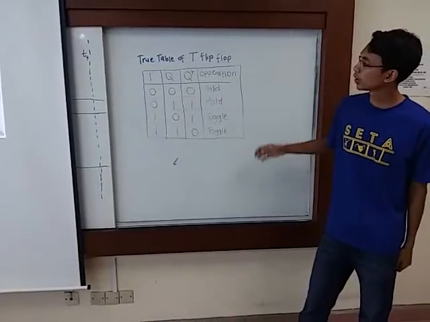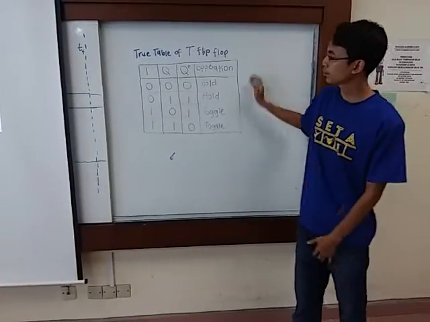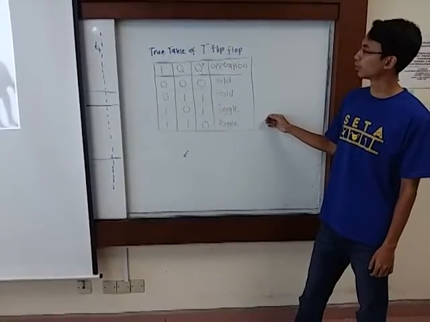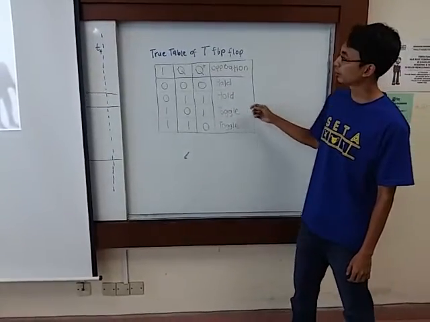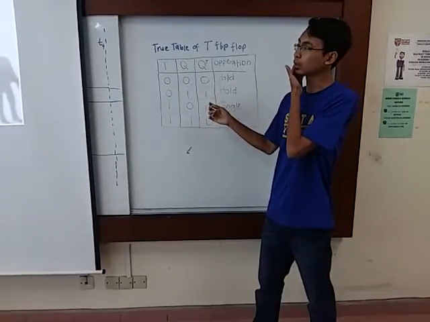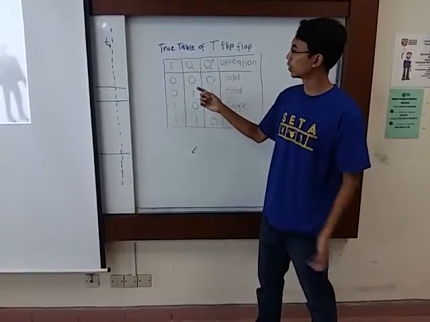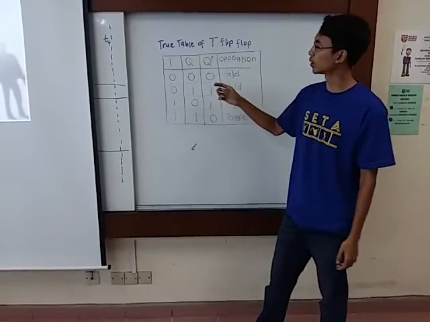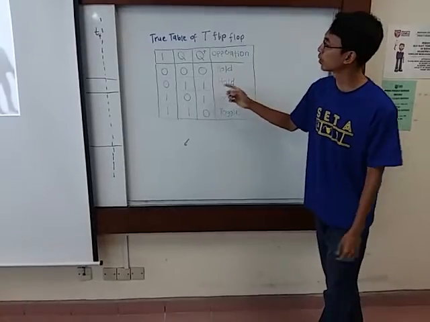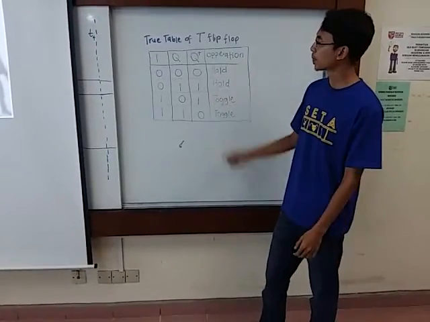Now we look at the truth table. The truth table of the T flip-flop has three columns. The first column represents T, the control input. The second column is the current state, and the third column is the next state.